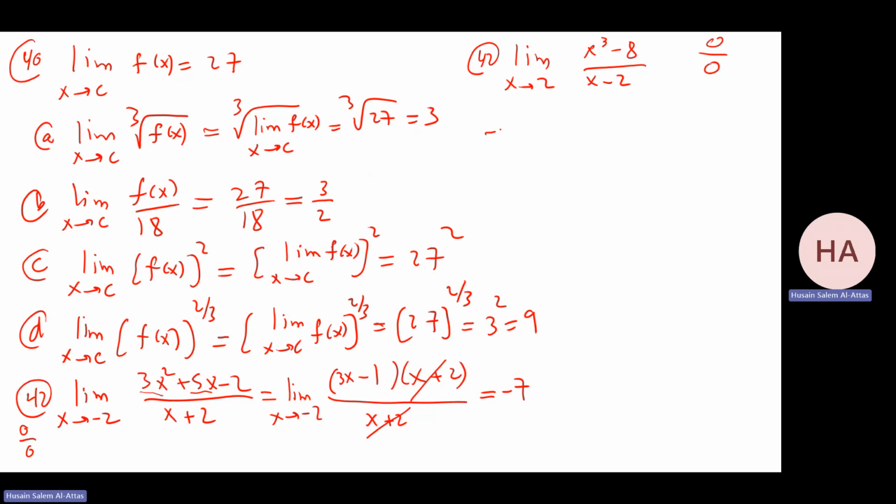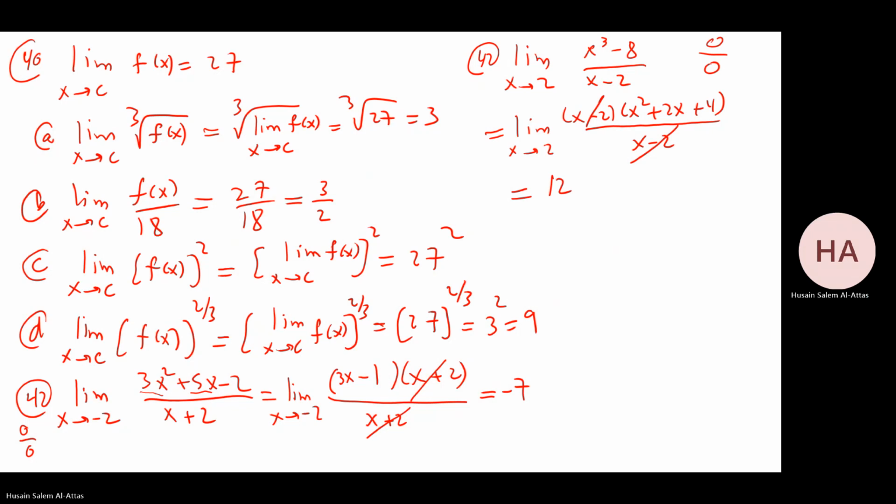It means you need to factor. This is a difference of two cubes: x minus 2 times x squared plus 2x plus 4, over x minus 2. Cancel. Substitute, you have 4 plus 4 plus 4, which is 12. This is 43, not 42.